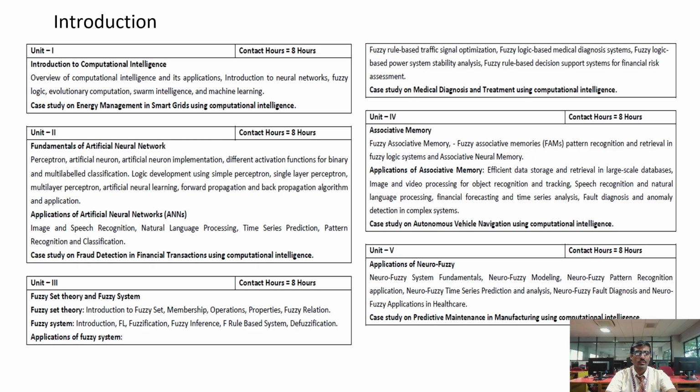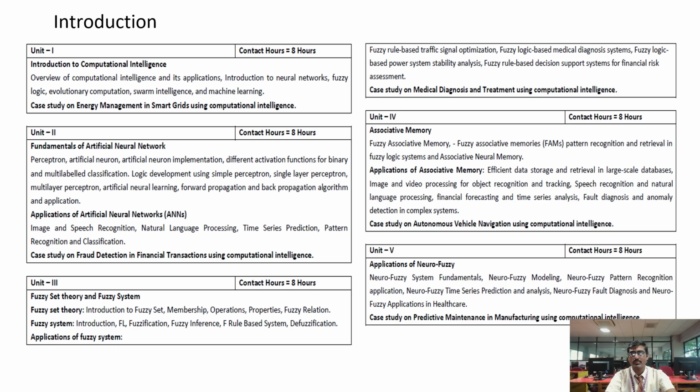Later on, we will go through applications of ANN: image and speech recognition, language processing, time prediction, pattern recognition, and classification. Unit number 3 covers fuzzy set theory and fuzzy systems: introduction to fuzzy set, membership, operations, properties, fuzzy relation. Then you'll study the fuzzy system, and finally the applications of fuzzy systems.